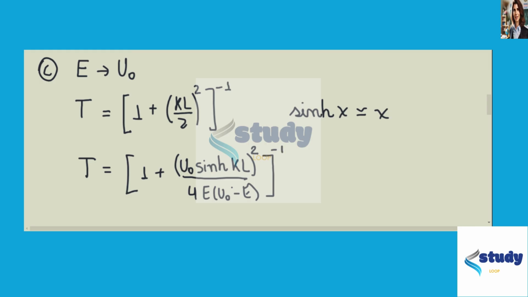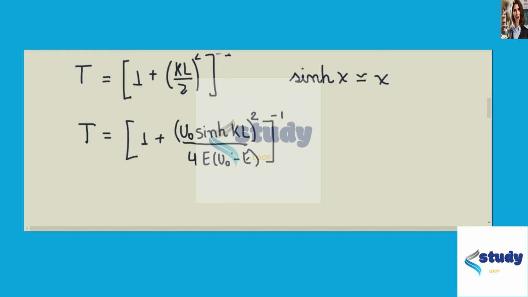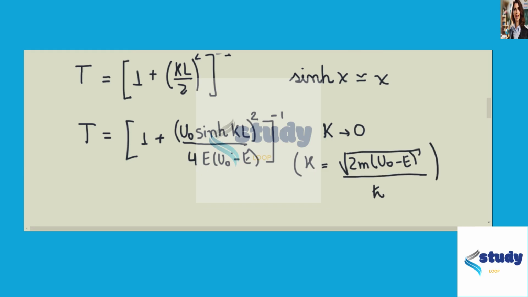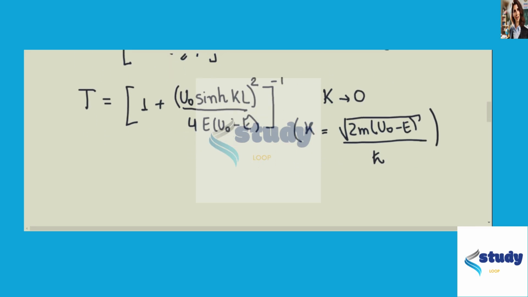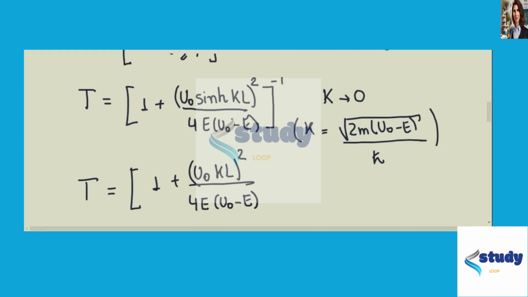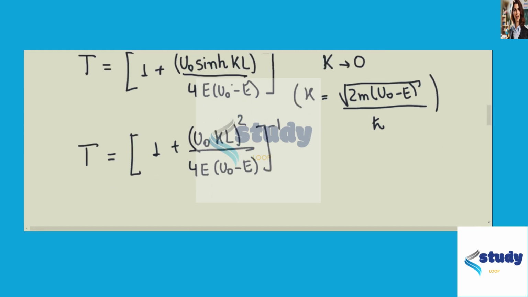So basically, notice that e approaches u0. In that case, k approaches 0 since k is equal to the square root of 2m times u0 minus e divided by h bar. And in this case, the hyperbolic sine of kL approaches kL, so we have 1 plus u0 times kL squared divided by 4e u0 minus e to the minus 1.